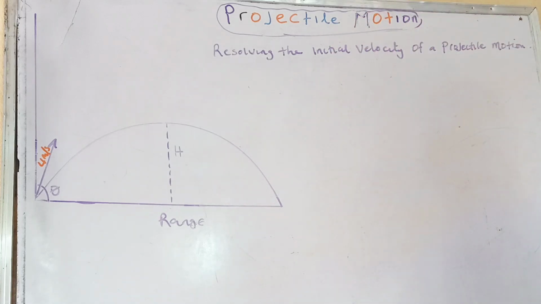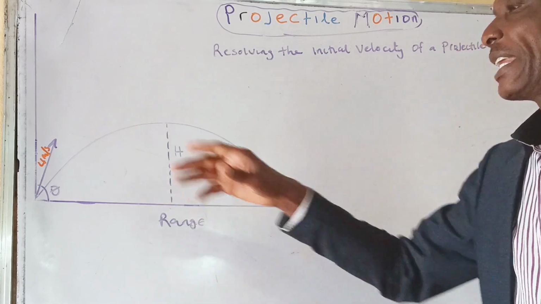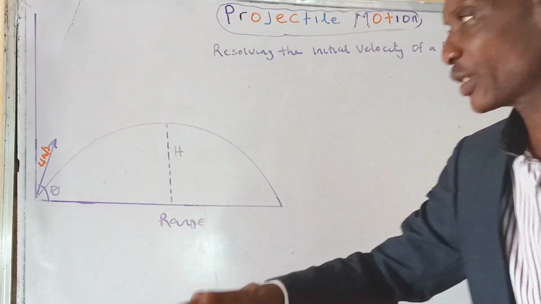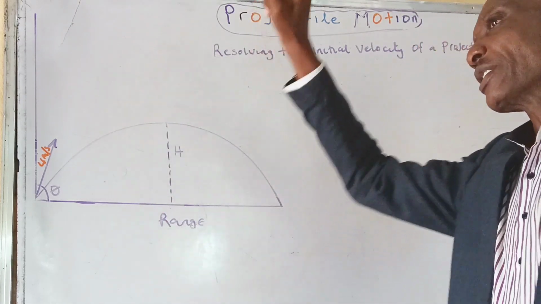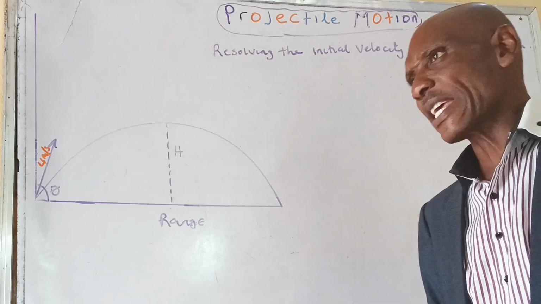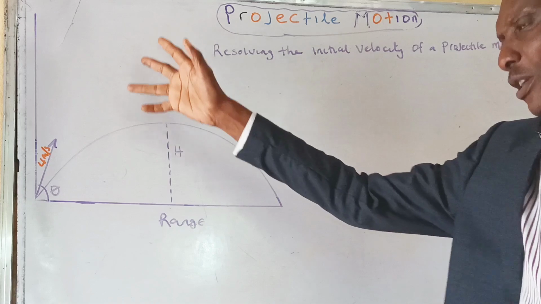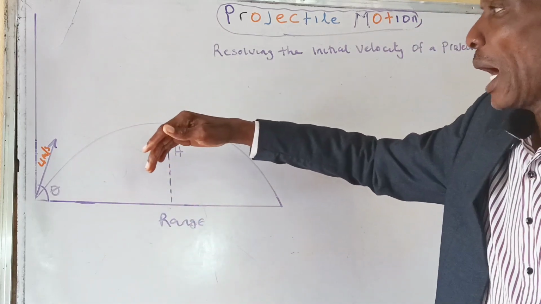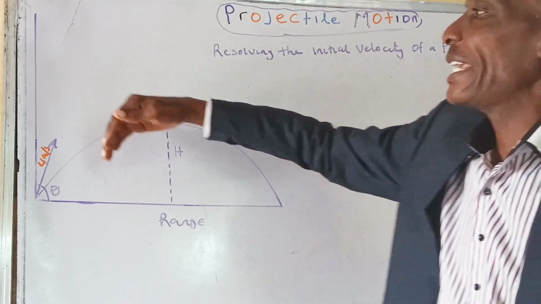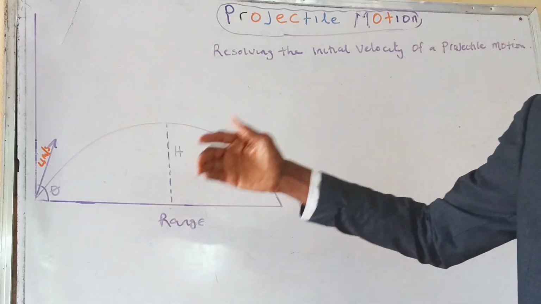And we also agreed that in a projectile motion, the motion actually occurs in two frames. It has a vertical component because the body has to attain some vertical height before it begins to curve. Now, for that to happen, the initial velocity with which the body was projected must also be divided into a vertical component and a horizontal component.